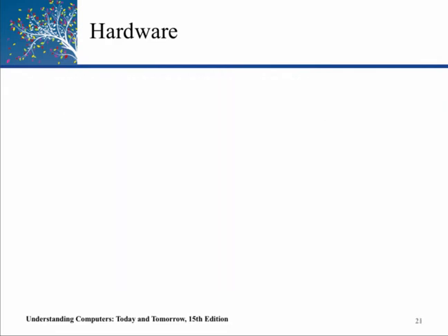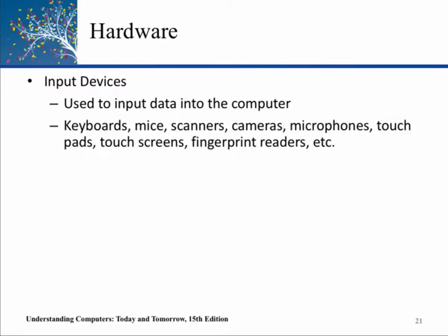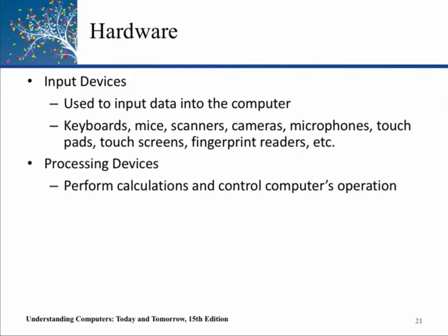So let's dive into specific hardware pieces. There are input devices. That's your keyboard, your mouse. That's how you get stuff into the computer. There's a wide range of those; you can see those in the book. There are processing devices that can perform calculations. That's the central processing unit. That's internal hardware. We'll look at that later.